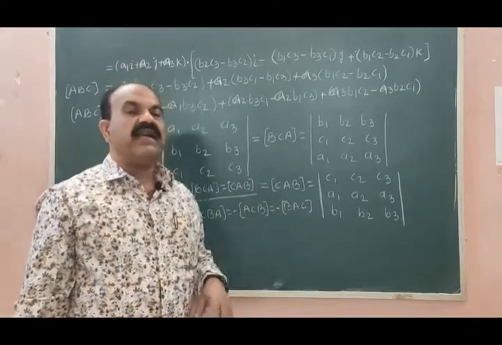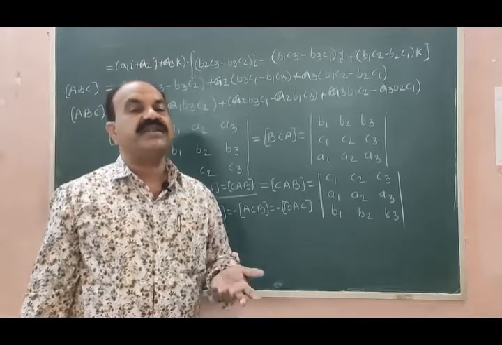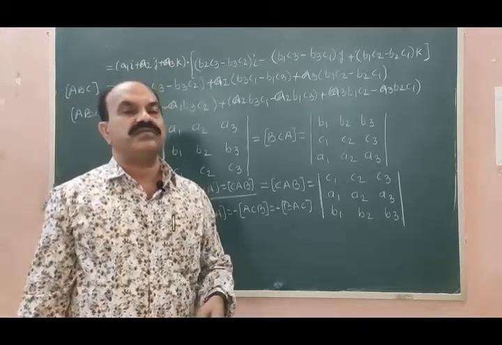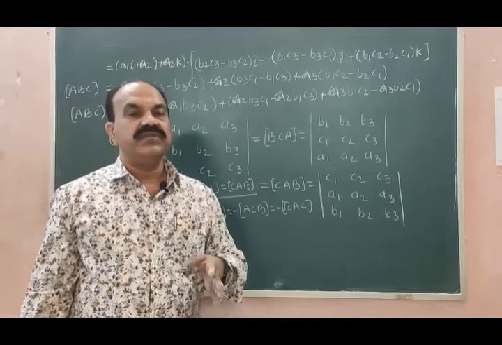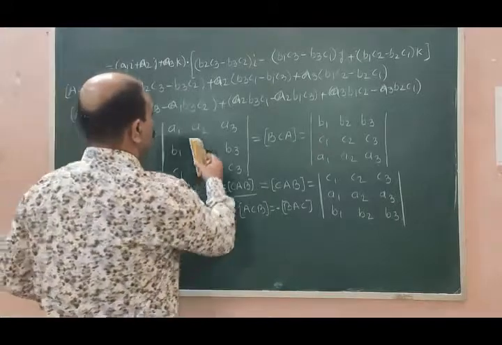This cyclic and anti-cyclic permutation can also be expressed in terms of i, j, k, the unit vectors.